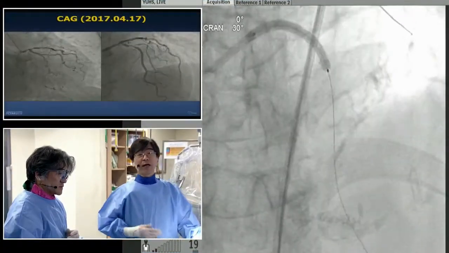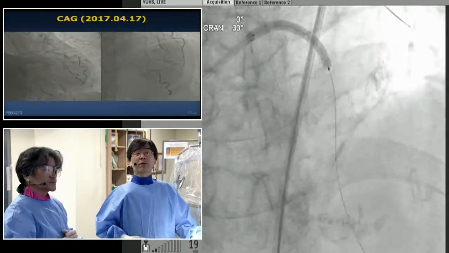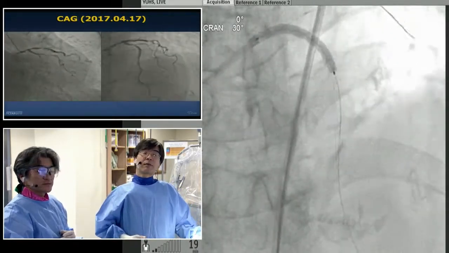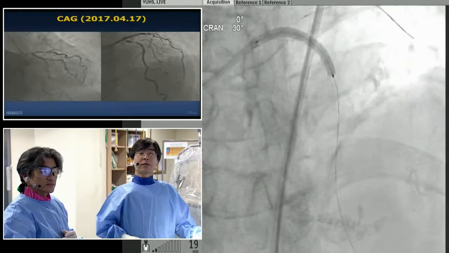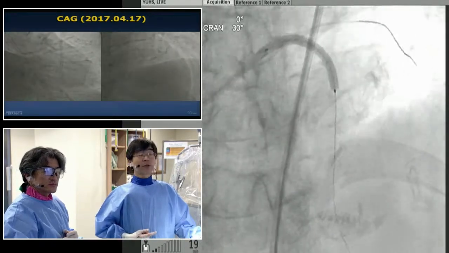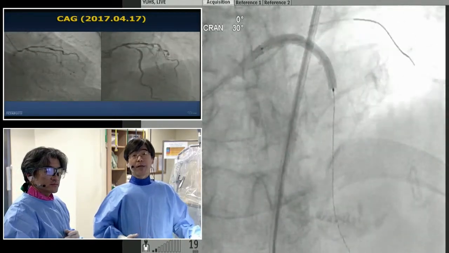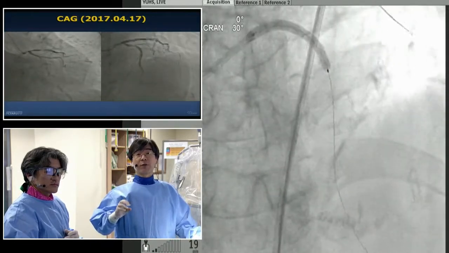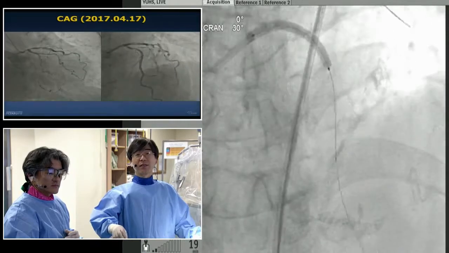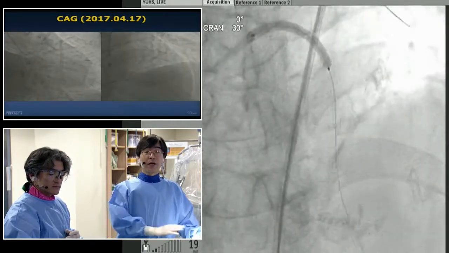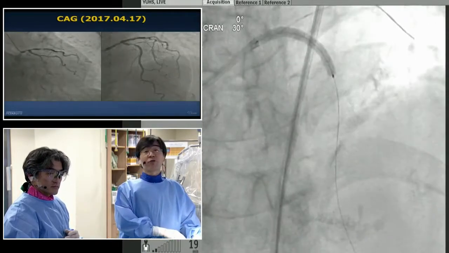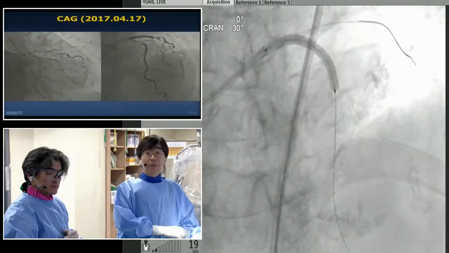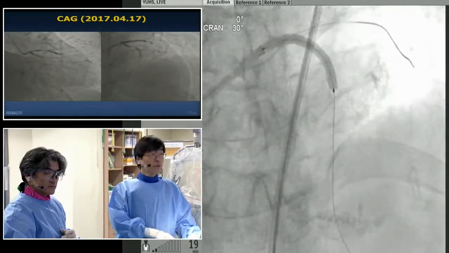The correct selection of the Biofreedom should actually be a 3.5. However, the nominal pressure for deployment of the Biofreedom is only 6, which is too small. So that is the reason I selected the 3.0 and will post-dilate with an additional balloon.